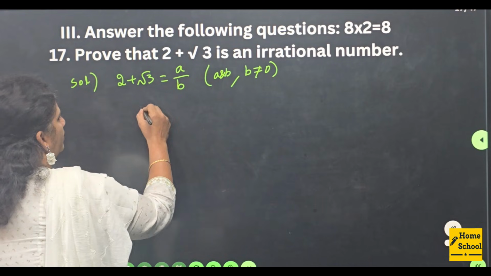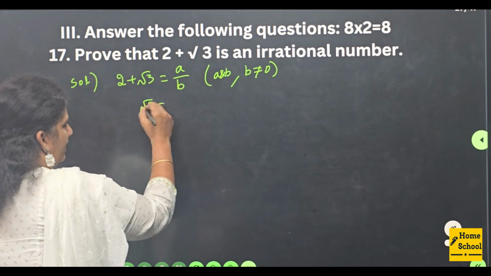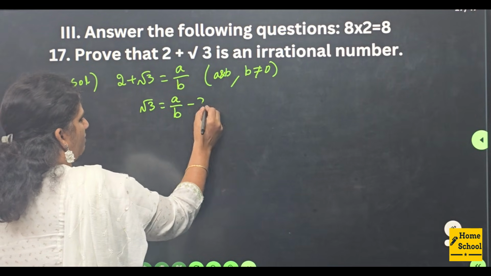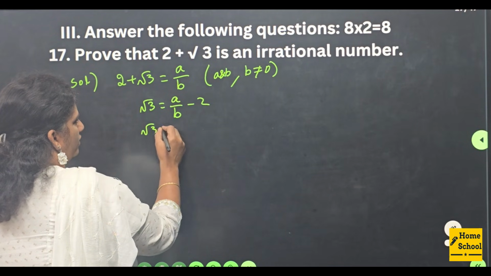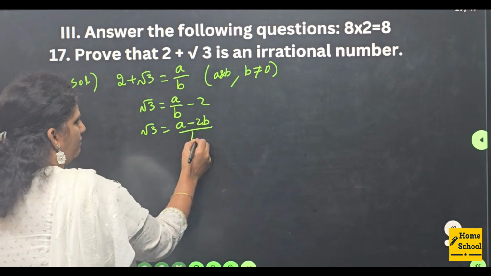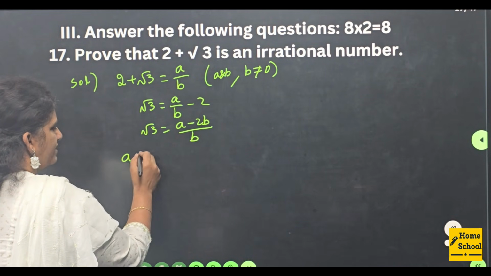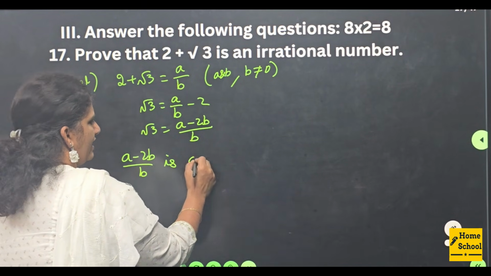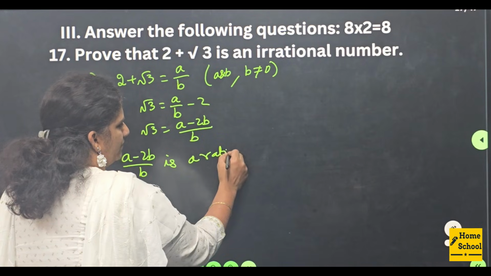Now root 3, keep it this side, 2 transpose other side, a by b minus 2. Do LCM, a minus 2b by b. Therefore, what I can say? A minus 2b by b is a rational number.